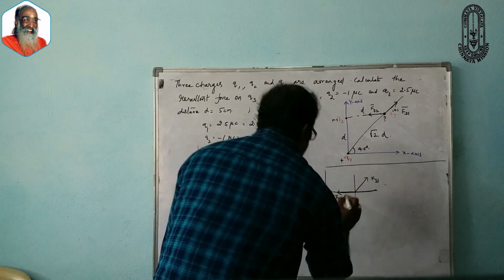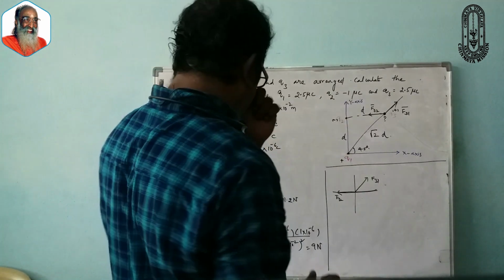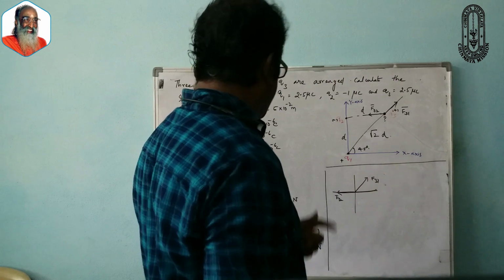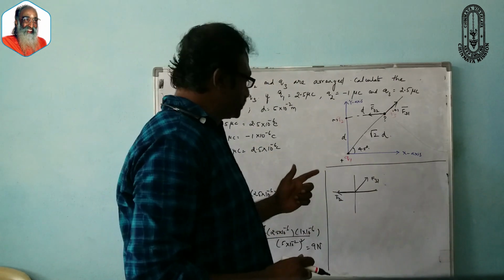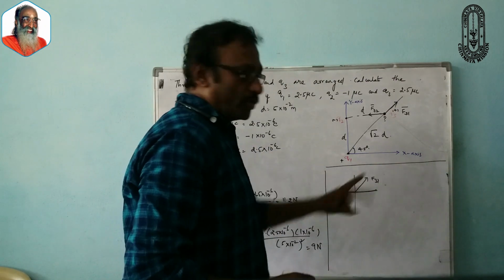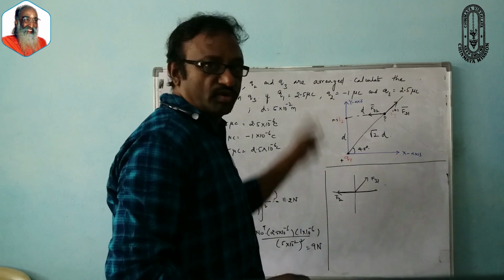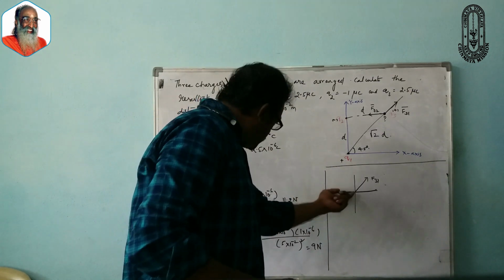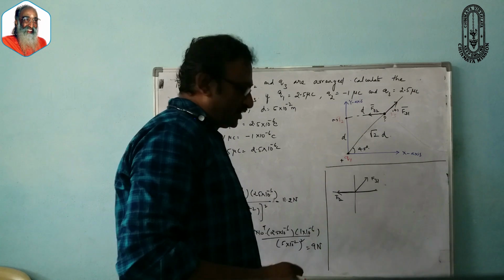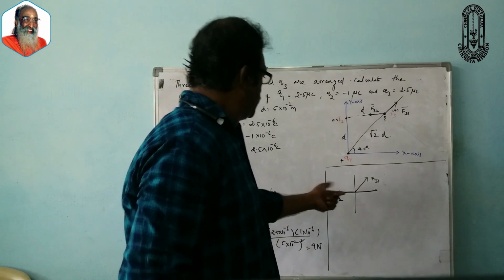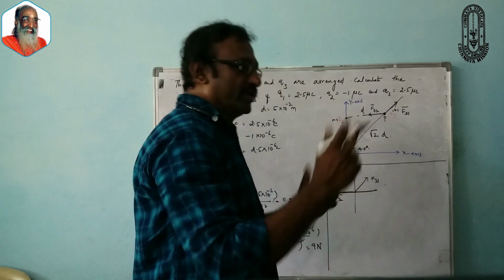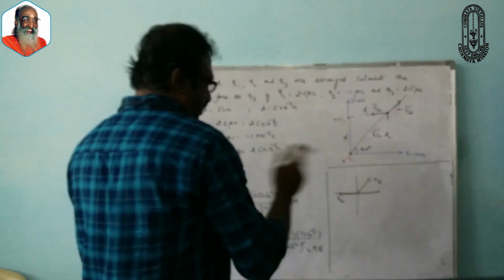We cannot add them directly. What we can do is resolve this into two components, one horizontal and the other vertical. Already this is on the negative side of the x-axis.